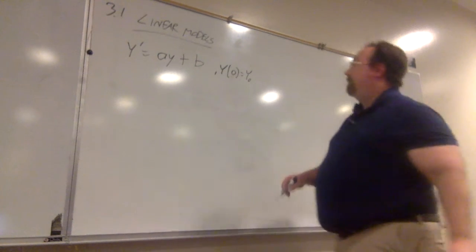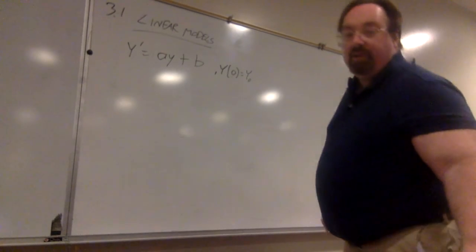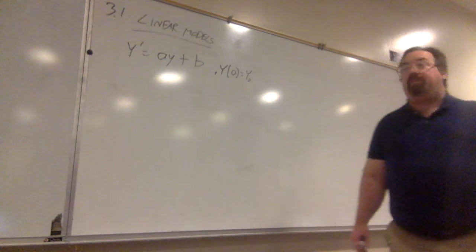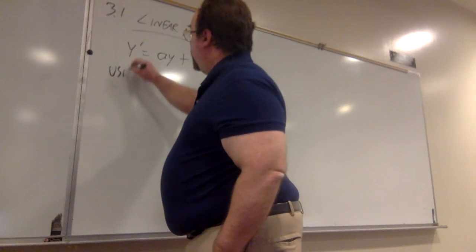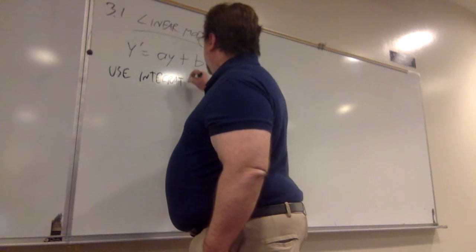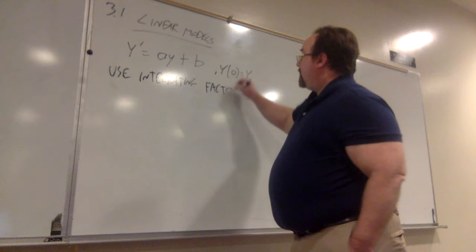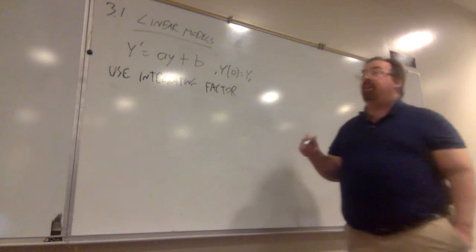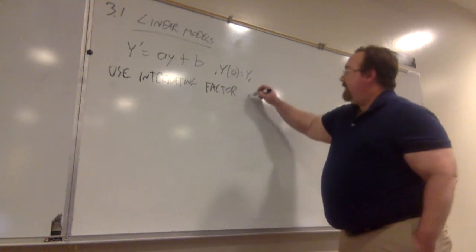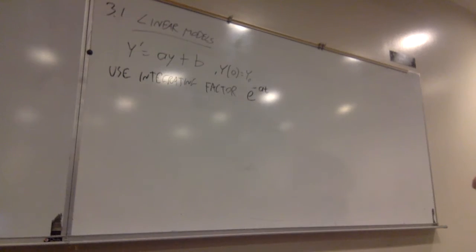And we have some initial condition at time t equals 0. Now, I won't go through the process here, because it's something we've already been over. Suffice to say that how you would solve it is use an integrating factor, and in this case, the integrating factor would be e to the minus at.